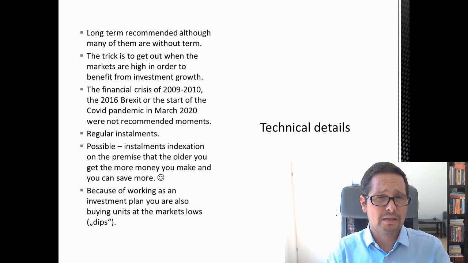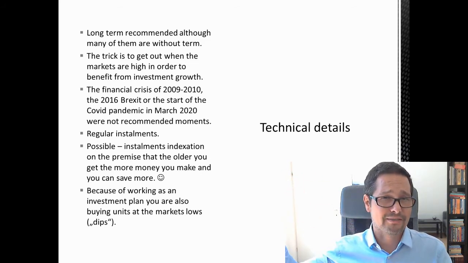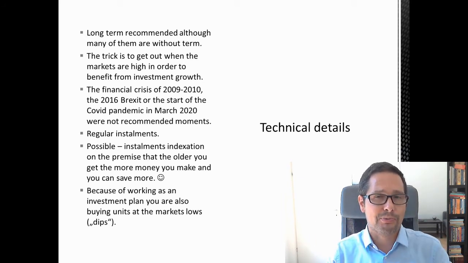However, there is a trick. You should try to get out of it when the markets are at their highest, or at peaks, and not when they are depressed. For example, if you would have gotten out of your unit-linked insurance, let's say in 2008, 2010 during the financial crisis, or if you intended to get out when you were in Europe, for example, in 2016 during the Brexit crisis in June, if I remember correctly, or even now with the COVID pandemic in March 2020, and I think this affected the entire world, this wouldn't have been a very good idea.